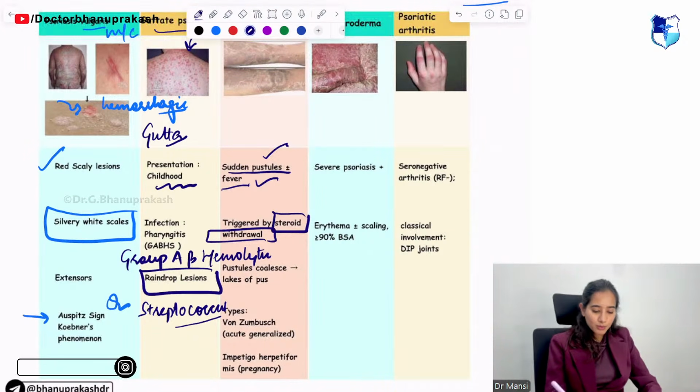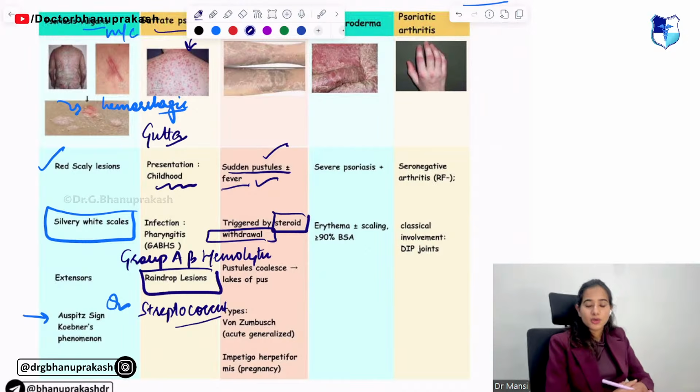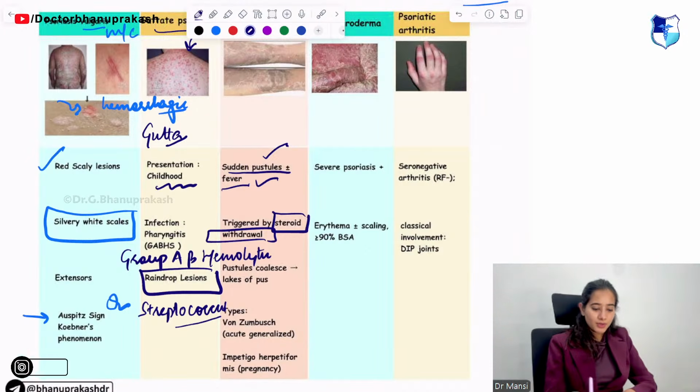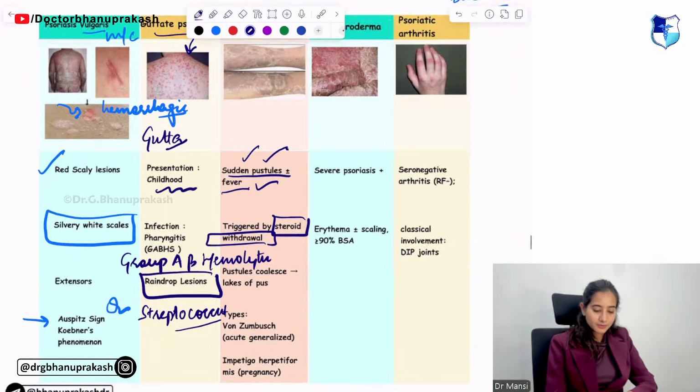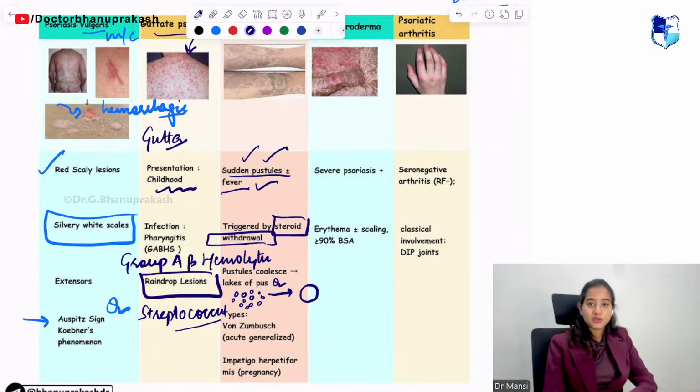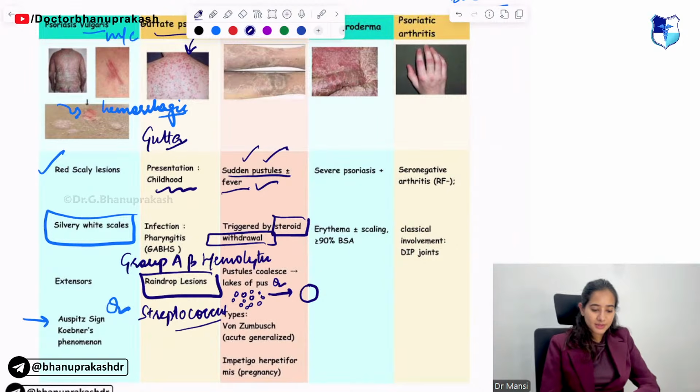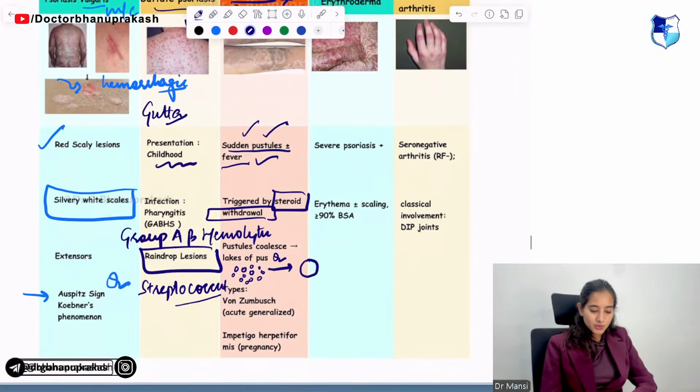If the patient was taking steroids and then it was withdrawn, suddenly the patient comes with these sudden pustules with or without fever. These pustules coalesce to make a bigger lesion, called the lakes of pus appearance. That is very classical of pustular psoriasis.